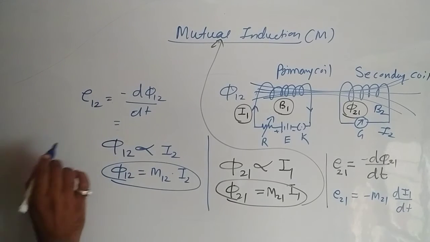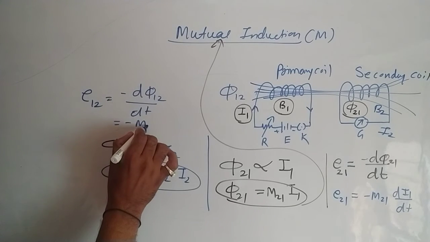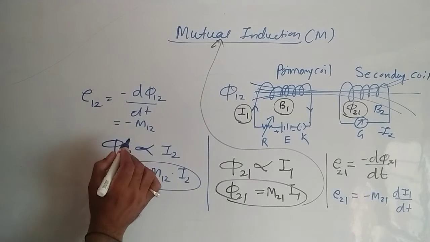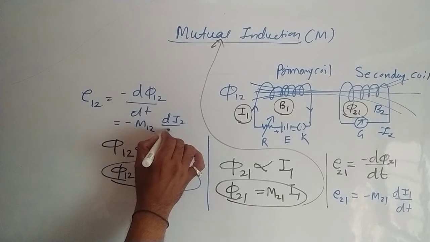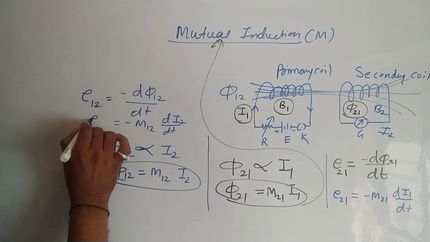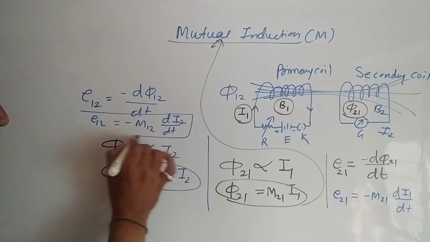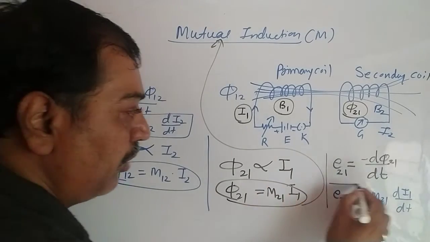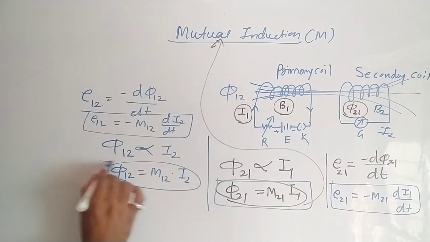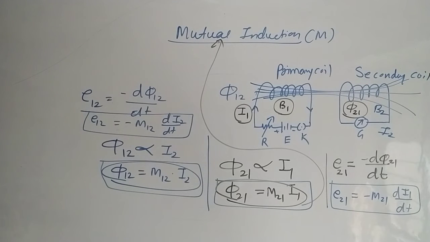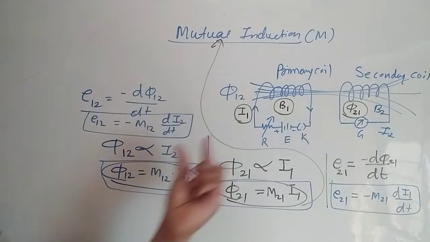If we solve it further, it comes to minus M12 dI2 divided by dt, that is E12. So we have derived this equation. Initially we derived this equation, and similarly now we have derived this one if we change the positions of the battery eliminator and galvanometer. Just move this part here, move this part here.